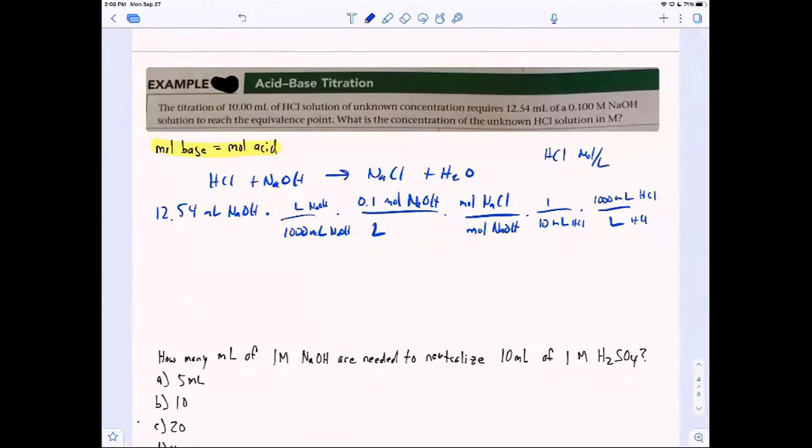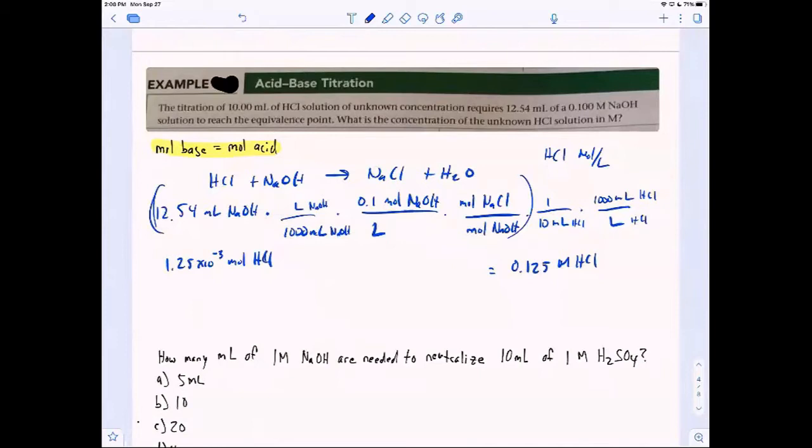But if you do that, that's a little different than what the book does. This is me doing that all the way with dimensional analysis because I'm trying to teach you to think dimensional analysis. And if you do this, you get 0.125 molar HCl. If you stop here, that one equals 1.25 times 10 to the minus 3 moles of HCl.